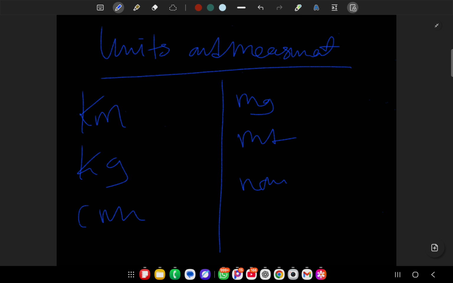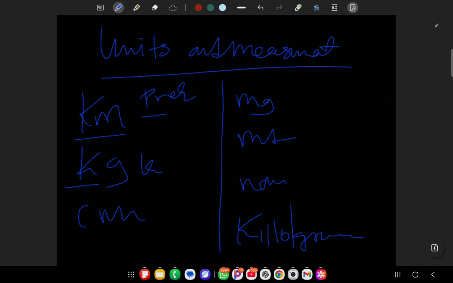Now, from what I have written here, take kilometer. A kilo is a prefix, and it has a meaning.